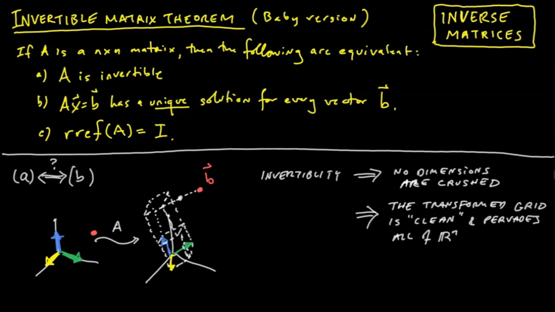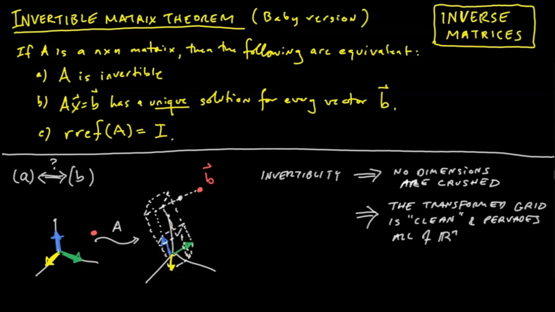Okay, so now we understand why solutions to this equation have to exist if A is invertible, but I'm claiming that not only do they exist, they have to be unique. Well, that comes from the fact that the transformed grid is a clean grid. It's not tangled up. That means that for every point in the space, there's a unique linear combination of those transformed basis vectors equal to it.